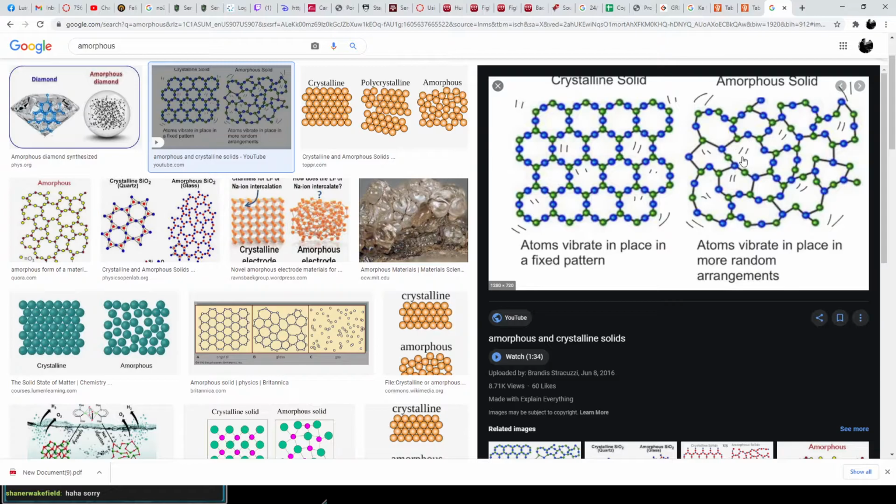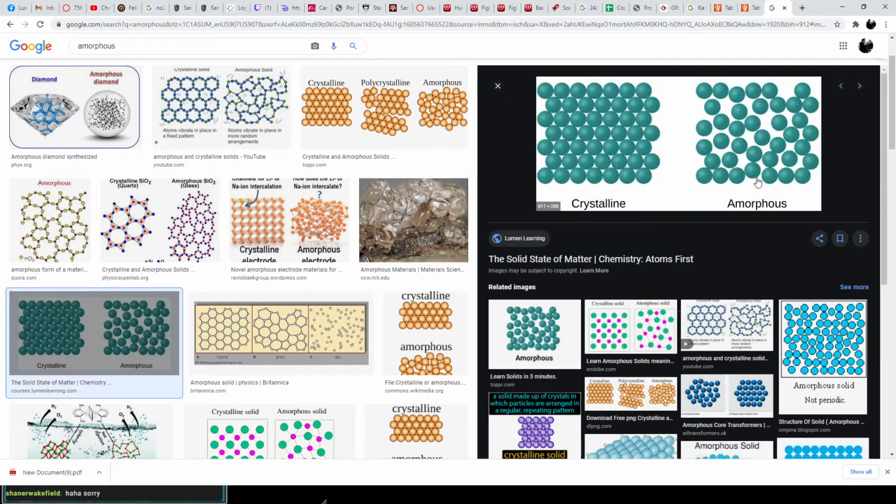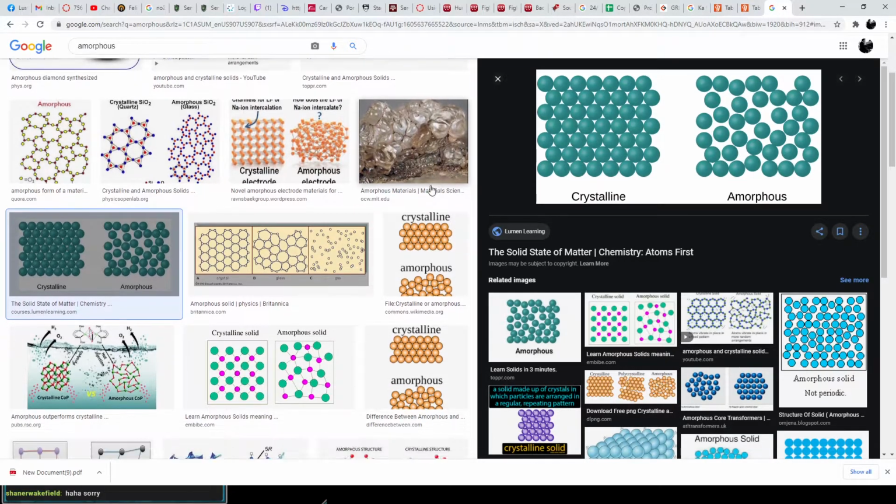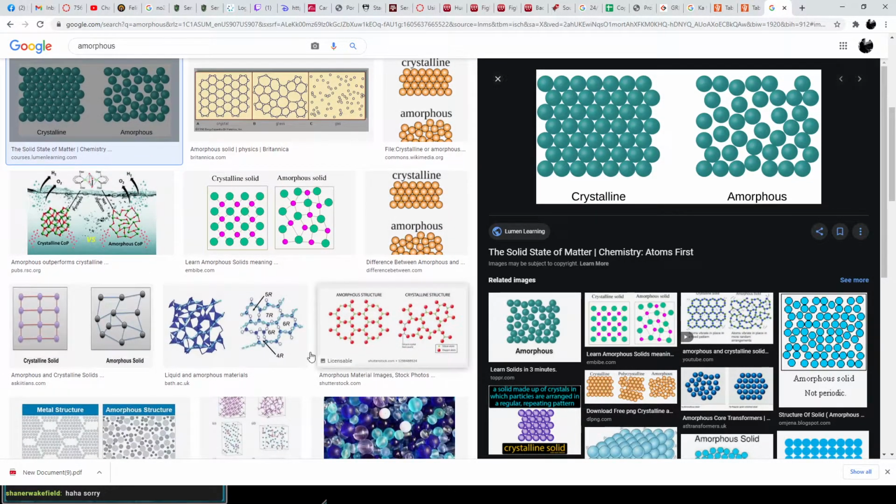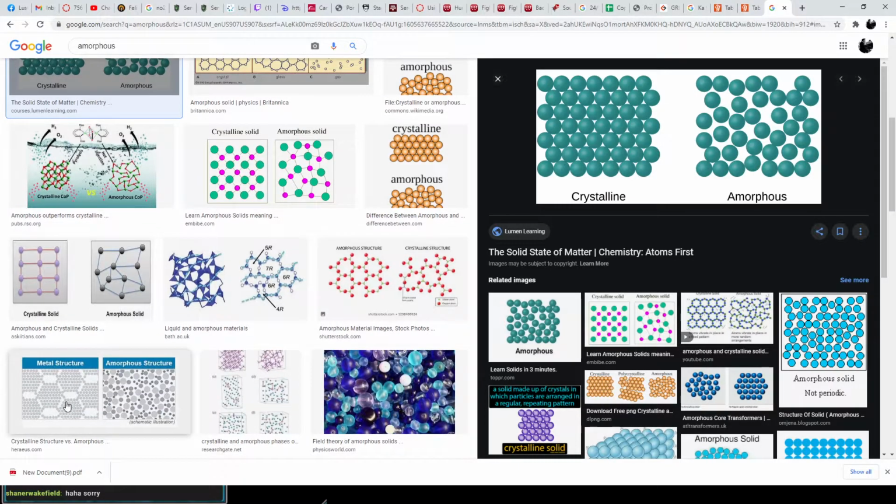An amorphous one just has stuff all over the place, so there's not a lot of regularity here. Or you can see it here: crystalline solid again, everything's nice and aligned. Amorphous ones have stuff all over. And you can see it's the same idea here. Nice thing, random thing.